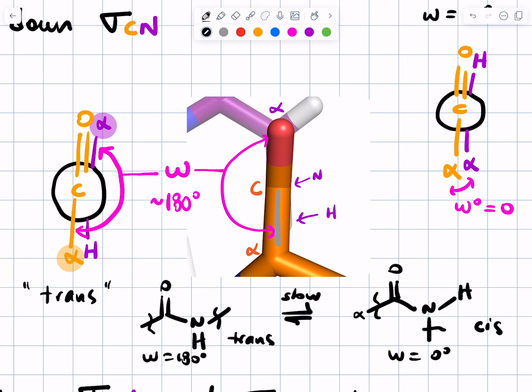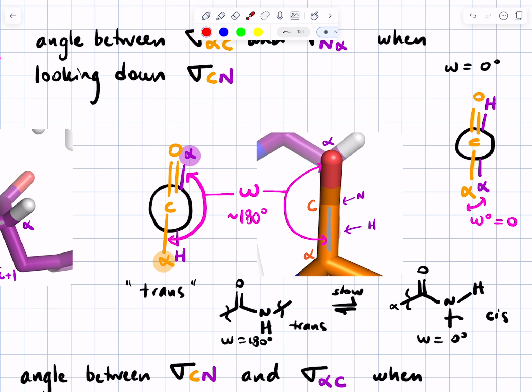One reason for that is in order to go from trans amide to cis amide, you have to rotate the nitrogen and you eventually bring the lone pair on the nitrogen out of conjugation with the carbonyl carbon, because at some point along the way from going from trans to cis, you've got to pass through an angle where the nitrogen lone pair is perpendicular to the carbonyl carbon. So sort of interchange between cis and trans amides can be somewhat slow. But in most cases, the preferred orientation is trans.